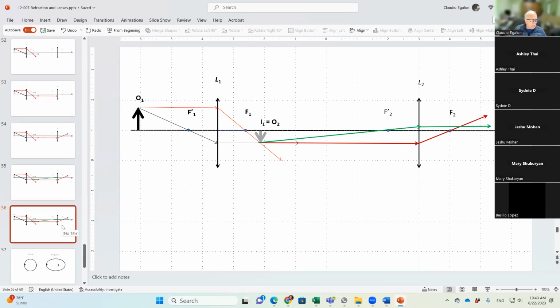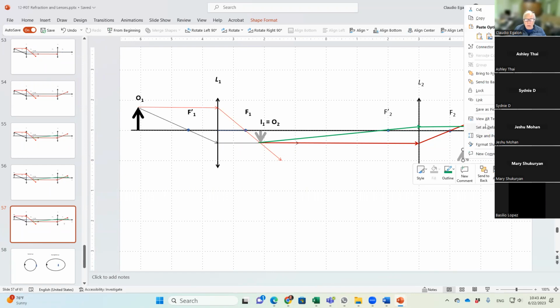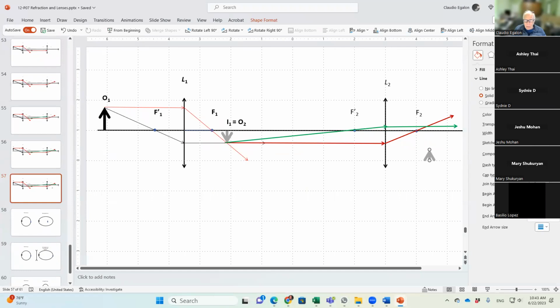And finally, we form the image of two. Which, by the way, is straight up. I'm gonna change this shape here.